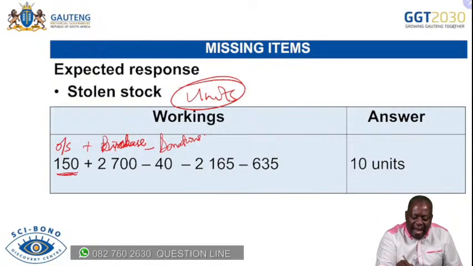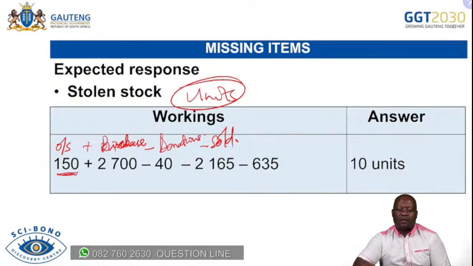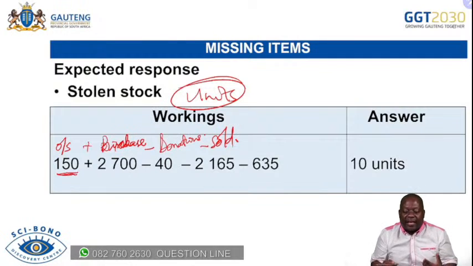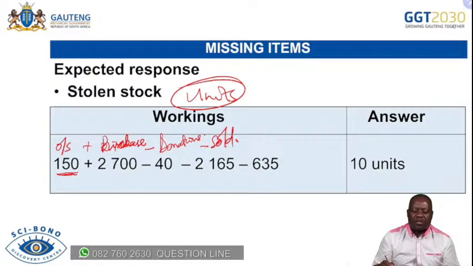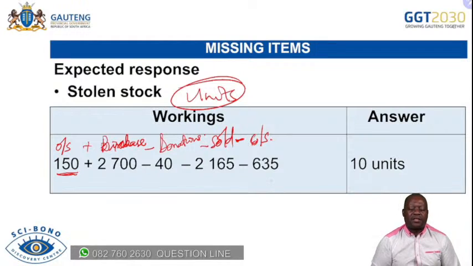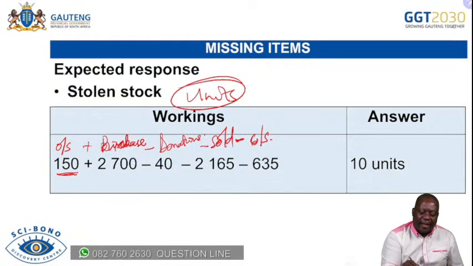Now we have evidence to indicate that these have been sold. You still remember? There were 2,180 units sold, but 15 of them were returned. So if they were returned, it means we still had them. So only 2,165 have ultimately been sold. So we know where these went. And then we also know where these are, and these are our closing stock. These have not been sold, so it means we know where it is. In other words, what are we doing? We are saying, how much is available?